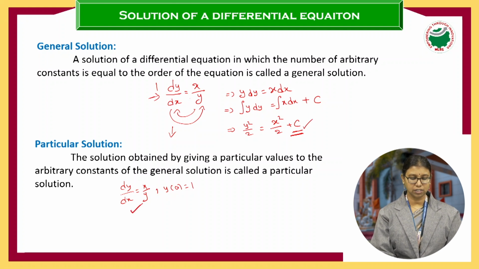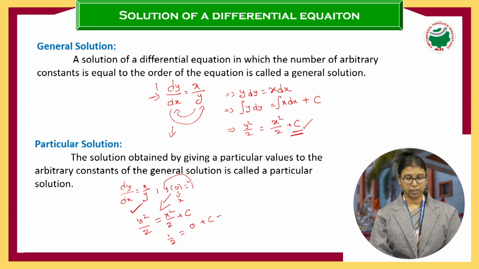On solving this differential equation, we got the solution y square by 2 equal to x square by 2 plus c. Now use this condition in this equation. Here the x value is 0, the y value is 1. Taking these values, y is 1, so this is 1 by 2 equal to 0 plus c. So the integral constant c is 1 by 2.